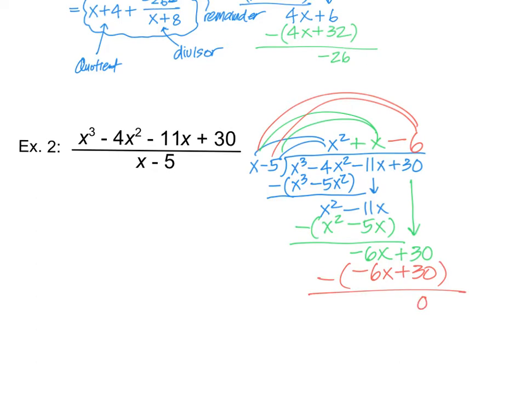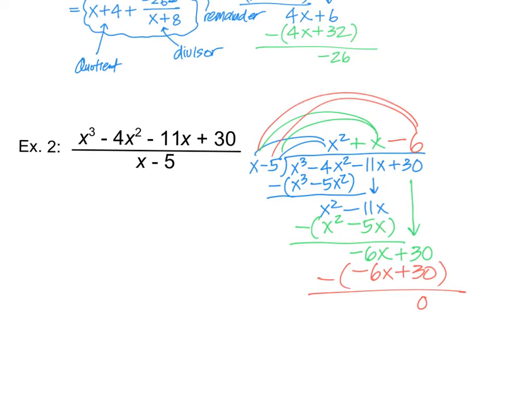Which means that this x minus 5 went into this perfectly, which makes x minus 5 a factor of this polynomial.